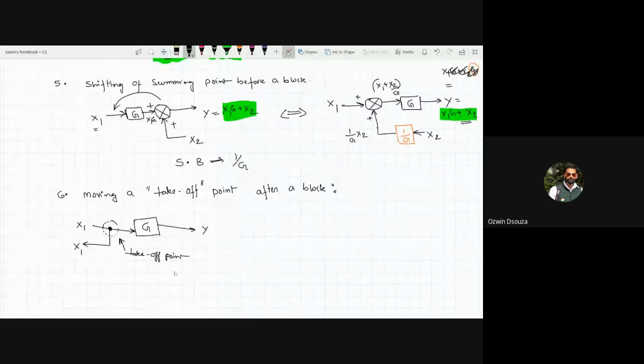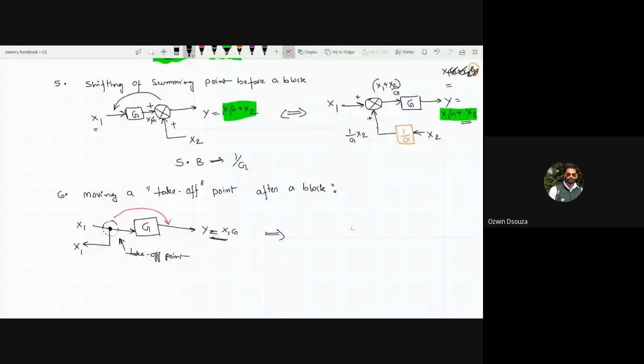Now, what we are trying to do is shift this takeoff point after block G. So that means to say what kind of output we are going to get. Before that, in the as-is condition, let us evaluate the output. So the output is x1 into g. Now what we will do, we will shift the takeoff point as shown.